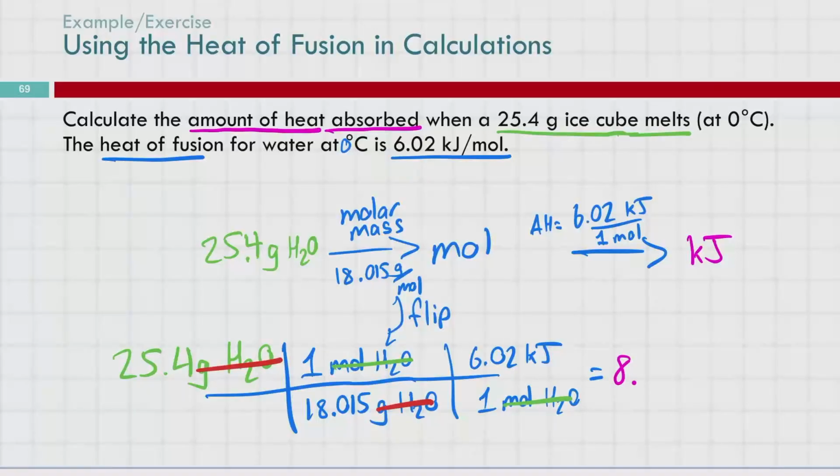And you should end up with 8.49, because the number after the 8 that was there is a 7, so it rounds up. 8 rounds up to 9, and it's 8.49 kilojoules of heat.